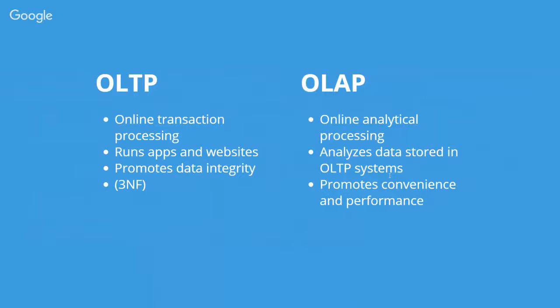So convenience and performance are the most important things. Sometimes we might have a little bit of data redundancy, usually not too much, but we do that so we can get data out faster and a lot easier for people who are actually building the reports. So today we're just going to be talking about the analytical system.